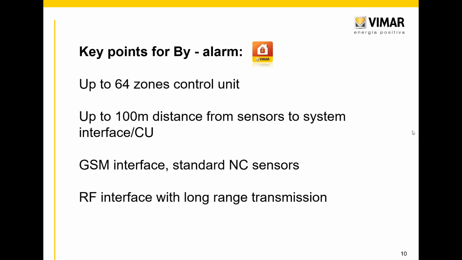The control unit also has the GSM interface and the LAN card, obviously, to talk with View, and it works with standard normally closed sensors, so traditional sensors common on the market. We have also a radio extension with long range transmission. So it's a complete system to integrate also the security part in BuyMe.